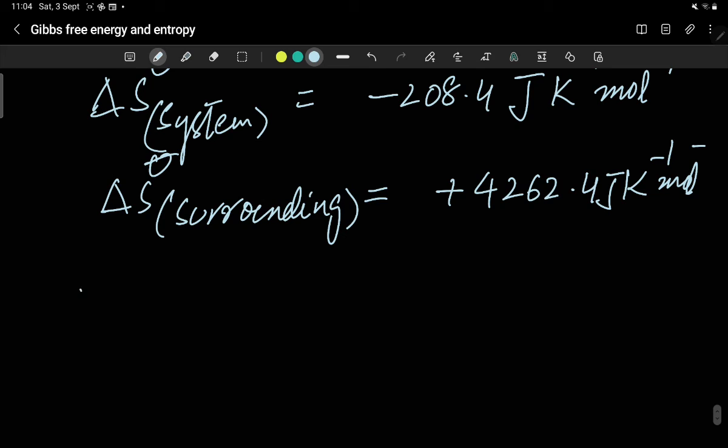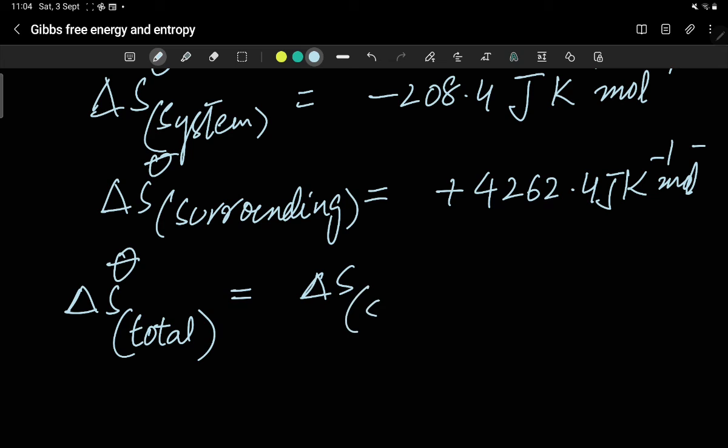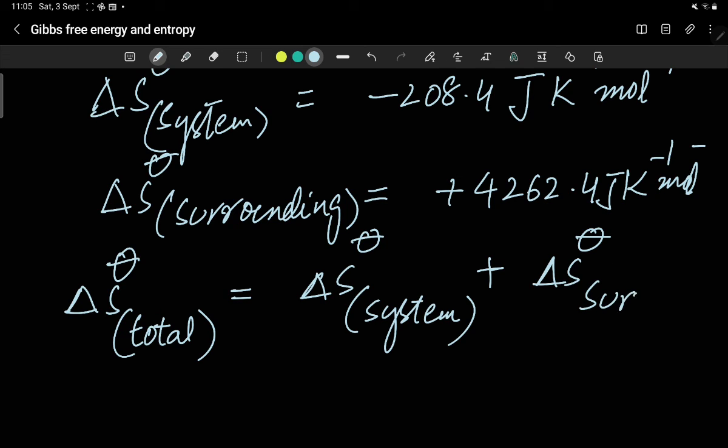So delta S total will be, we know that total entropy is equal to delta S system plus delta S, the entropy of the surrounding.